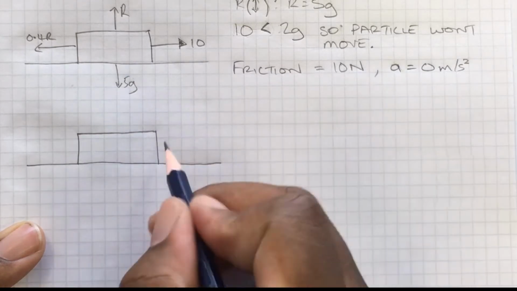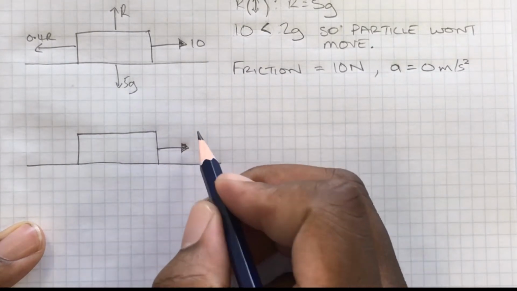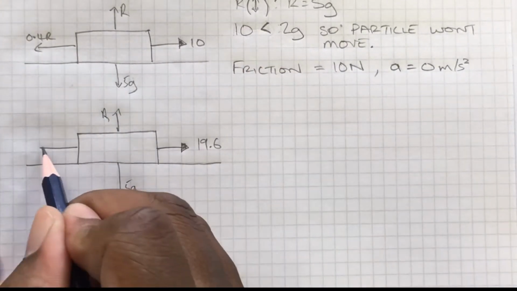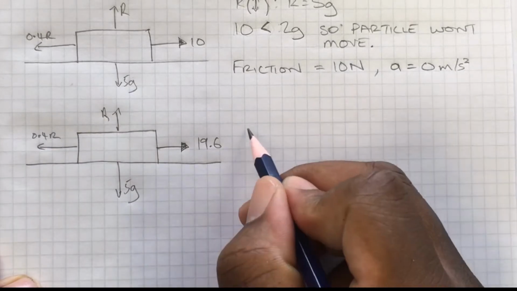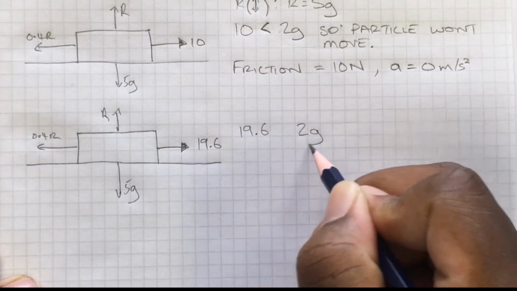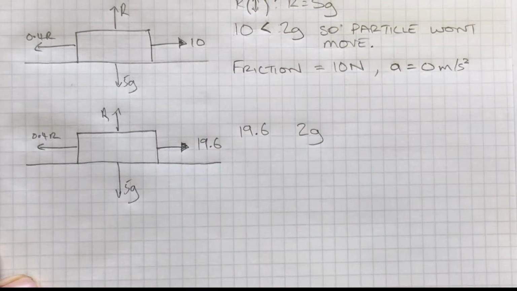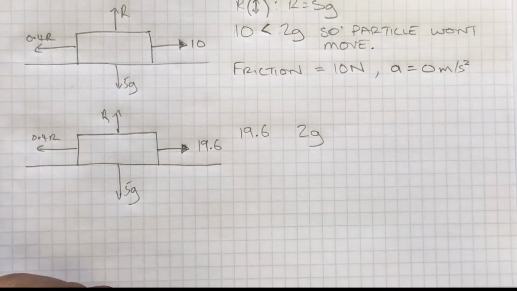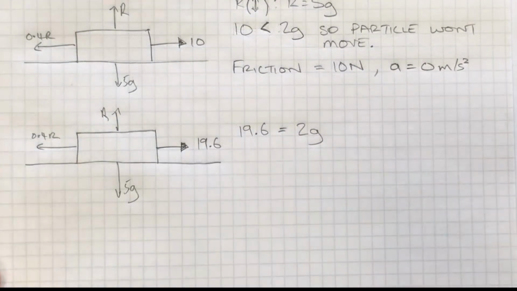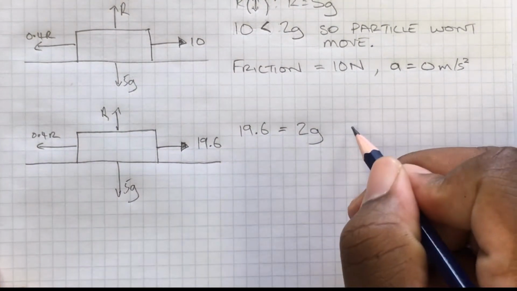Okay, and just one more case to consider. What would happen if the driving force was exactly 19.6 and the maximum friction, once again, is 2g, so 19.6. What if these two matched each other? If we have this situation, we're still in equilibrium, but this is a specific type of equilibrium.